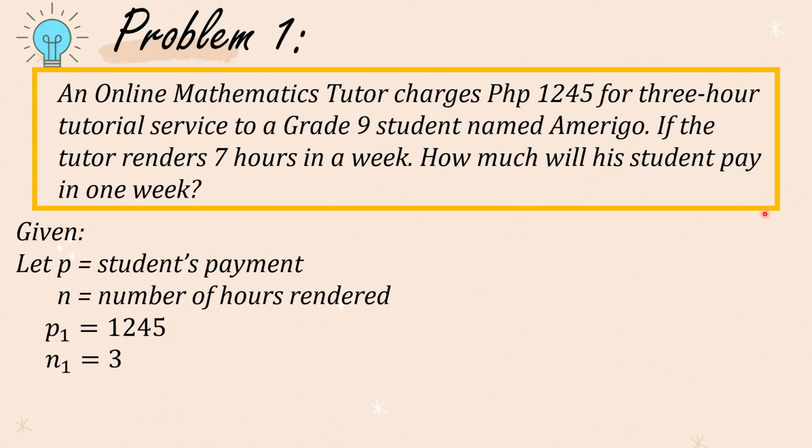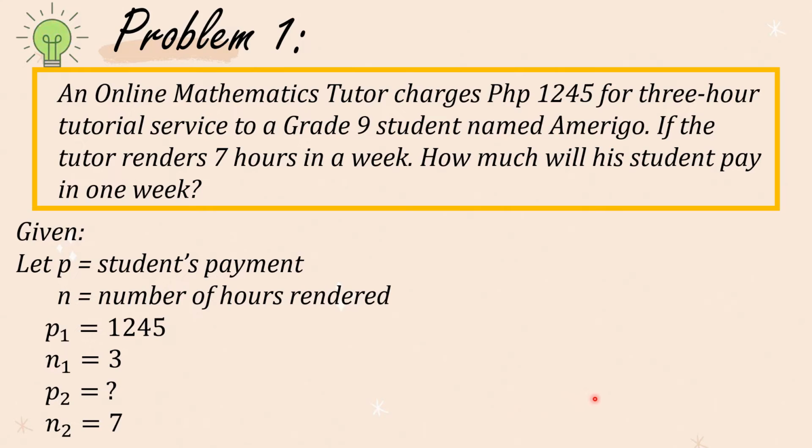So, sino po ngayon ang nawawala? Very good. The payment. So, ang nawawala natin ay si payment. At ang given naman natin ay si 7 hours. That's why, yung number of hours natin na number 2 ay 7. At yung piece of 2 naman natin is the missing one, which is what is asked.